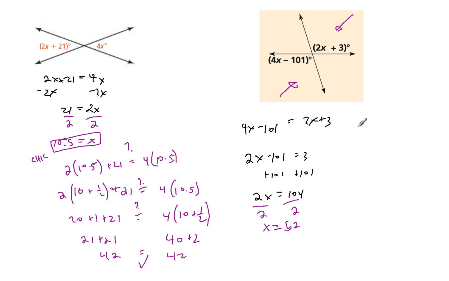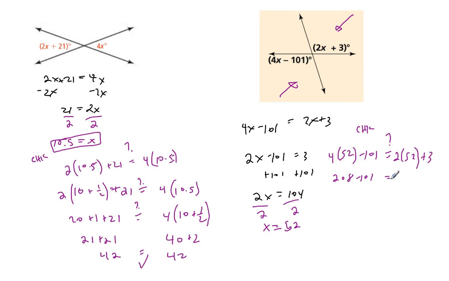Let's take a look. We're going to do our check. So 4 times 52 minus 101, is that equal to 2 times 52 plus 3? 4 times 52 is equal to 208, so I've got 208 minus 101.